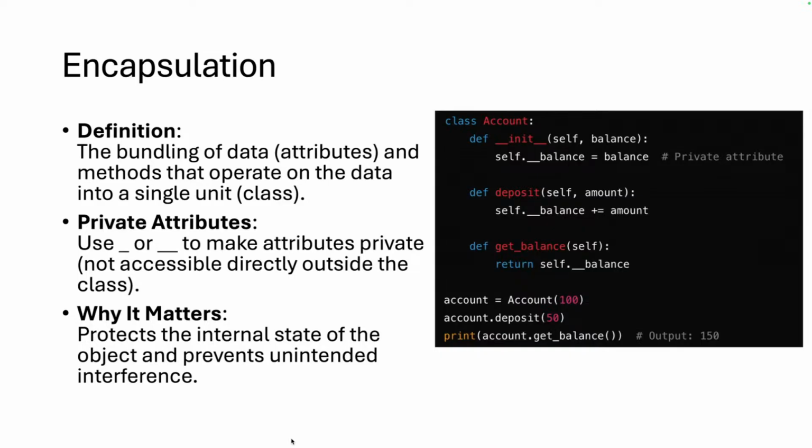Encapsulation protects the internal state of the object and prevents unintended interference. So when we're defining things, we may want to break out deposit and get balance into their own unique pieces of code and not wrap everything into one piece of code.